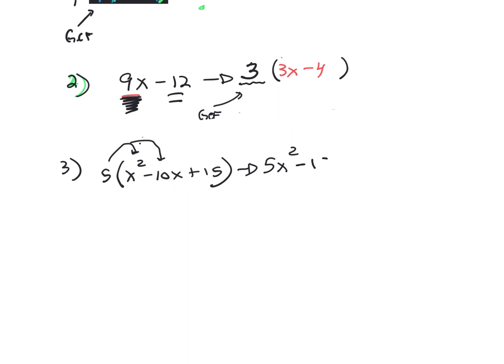Oops, I'm sorry, I don't want to do 15, that's too big. Instead of 15, let's do 3. And then 5 times 3 would give us 15. Sorry, 5 times 10x is 50x, I got ahead of myself.